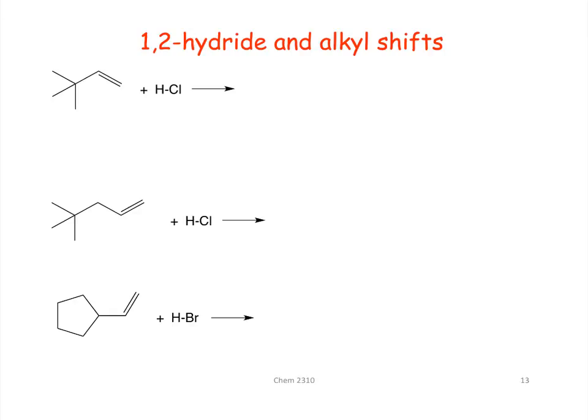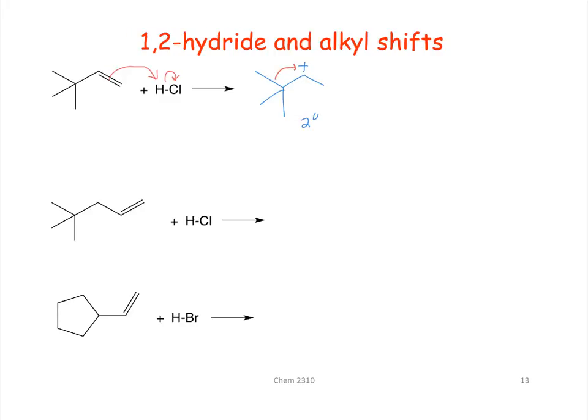All right, so in this case, the pi bond reacts with the H and we lose chloride, just like always. We form a secondary carbocation, right? So do you think the chloride is just going to react with that? We don't have any H's over here. These are all CH3s, but even a CH3 can move.